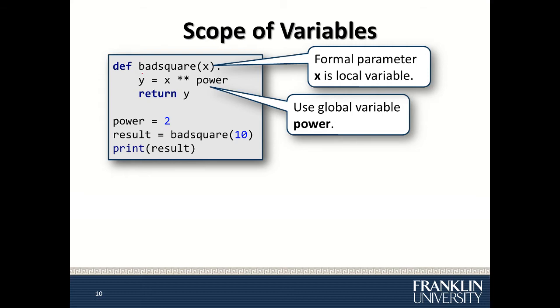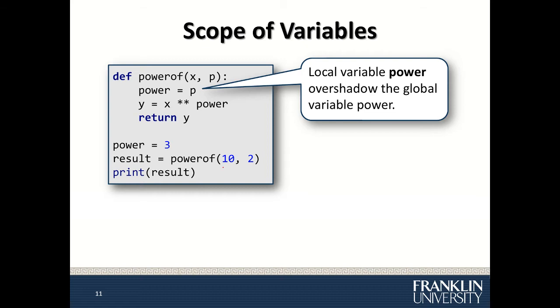So y is a local variable, x is a local variable, but power is a global variable, because when I look at the power, I did not find a local scope, and I will find that in the global scope. So power will be 2. So in this example, x is 10, so it would do 10 square. So the result in this case would be 100.